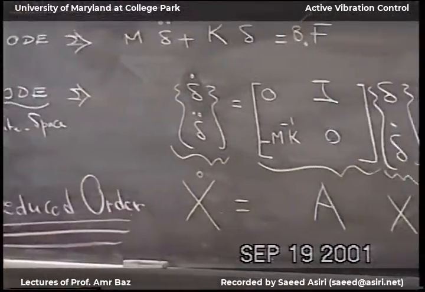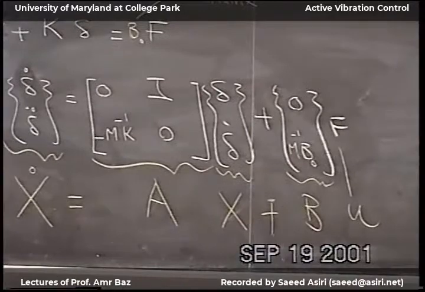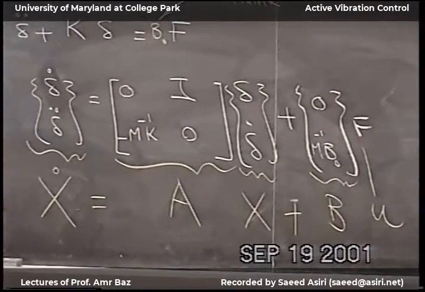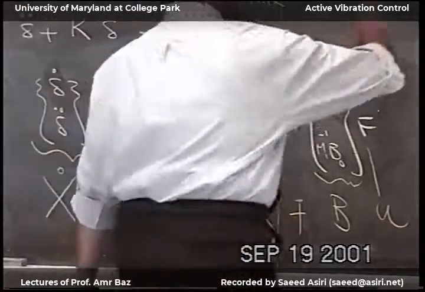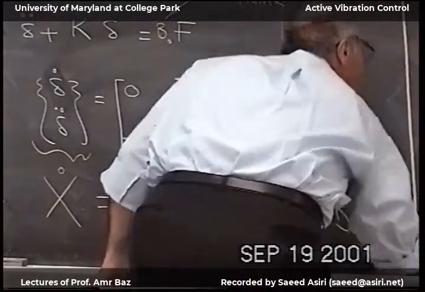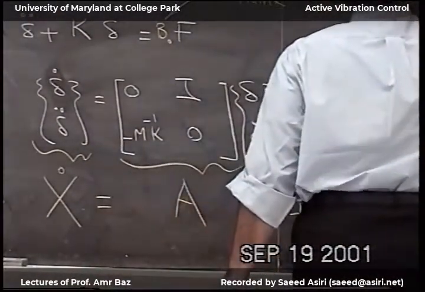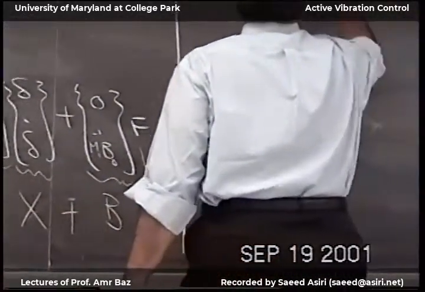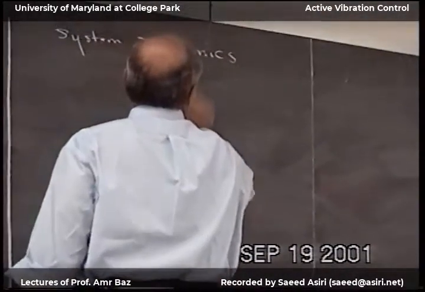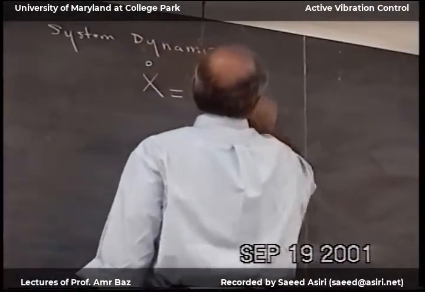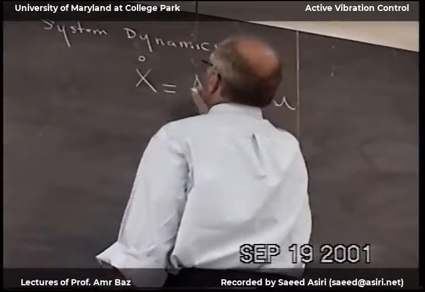So now this is the minimum configuration that I like to use to make my controller. So now here the system dynamics are given by x dot = Ax + Bu.